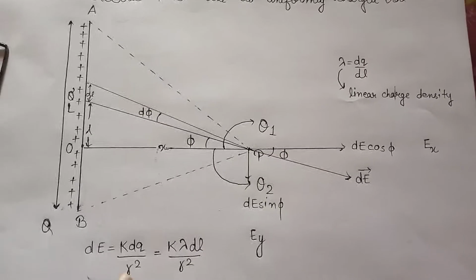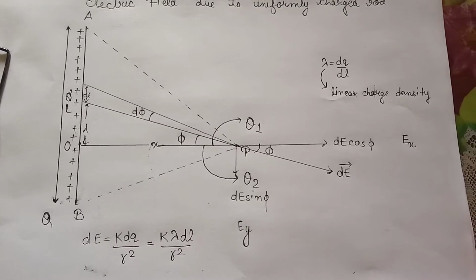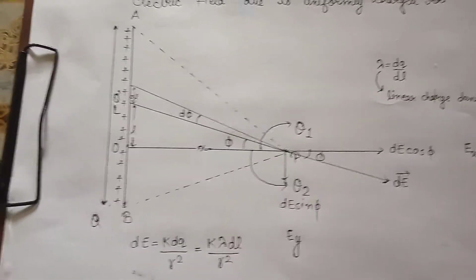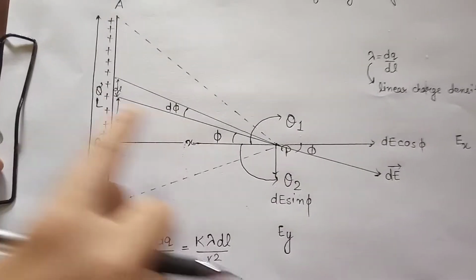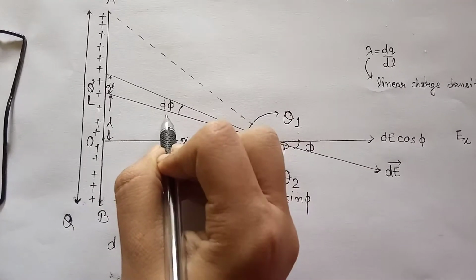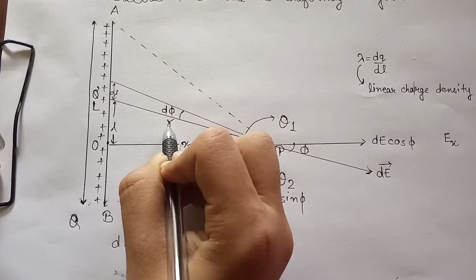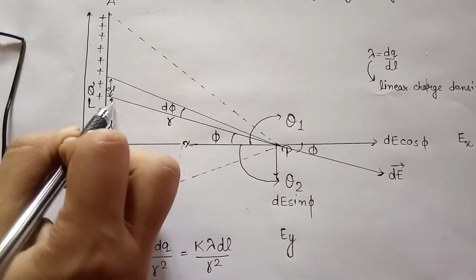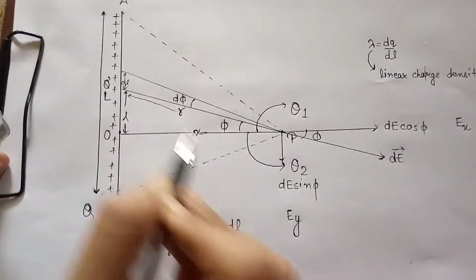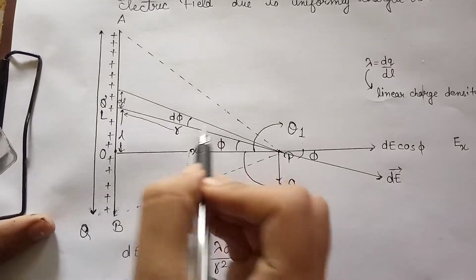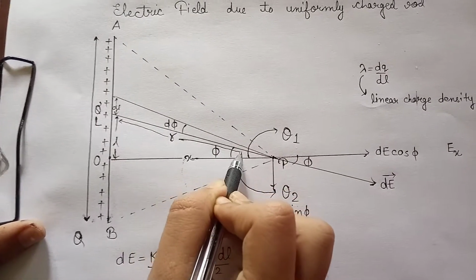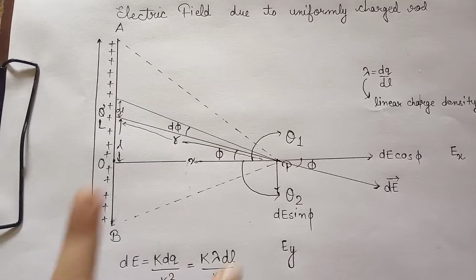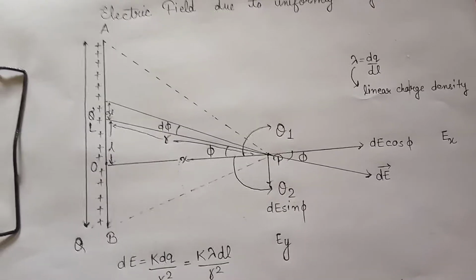So we have broken dq into lambda into dl. Now this length, from the small component to the point P, we have assumed it r.